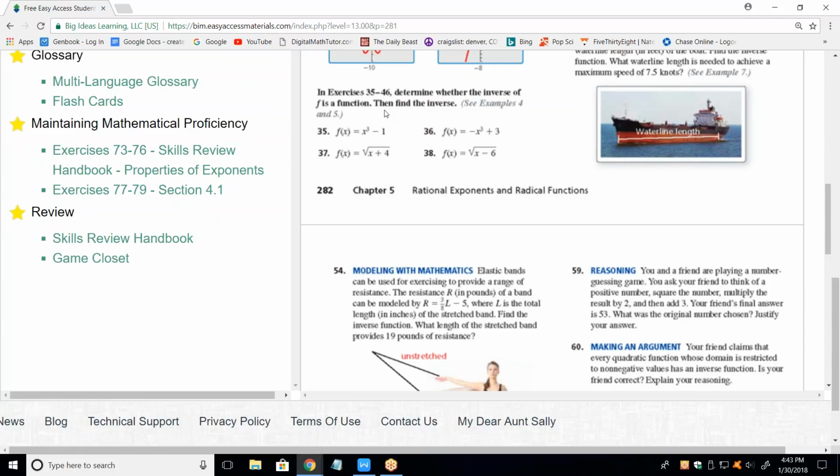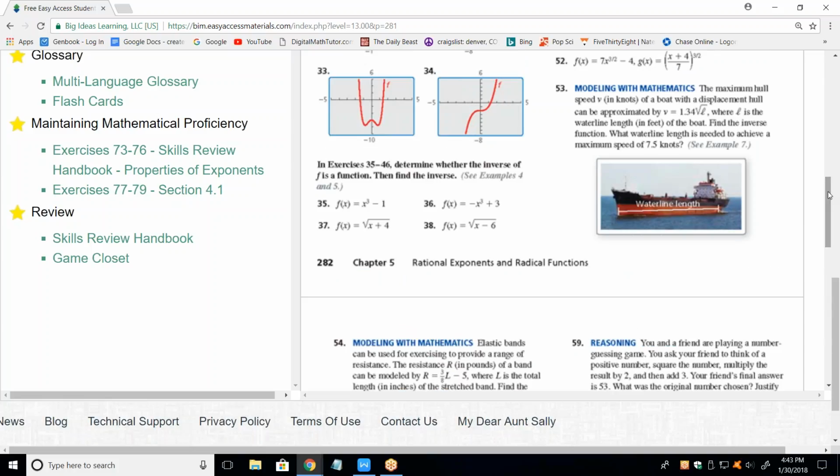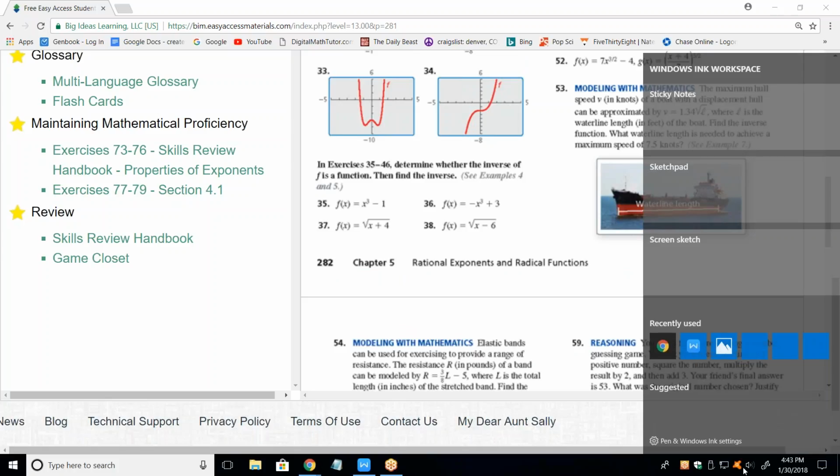Well, it's an awful lot like 34, right? So is the inverse going to be a function? It's basically 34, only with a different, look at 34. Remember what this was? Here. Just a second. Okay.